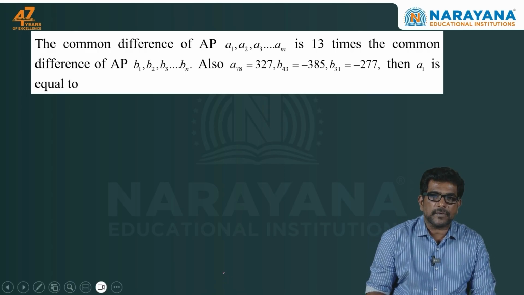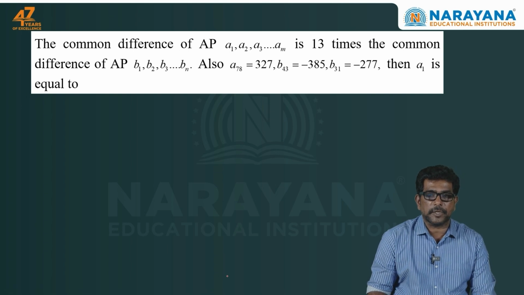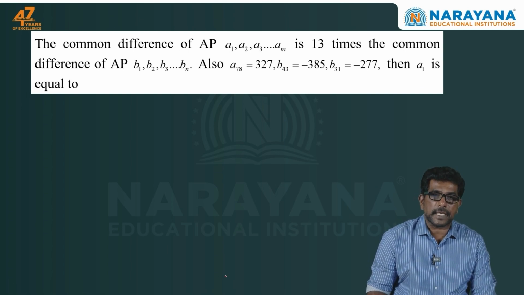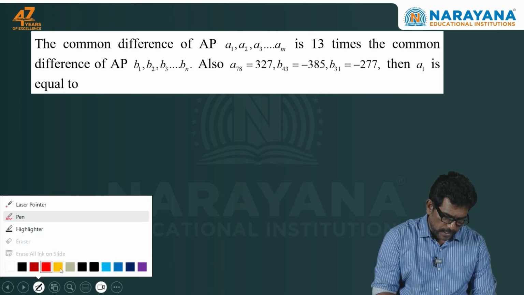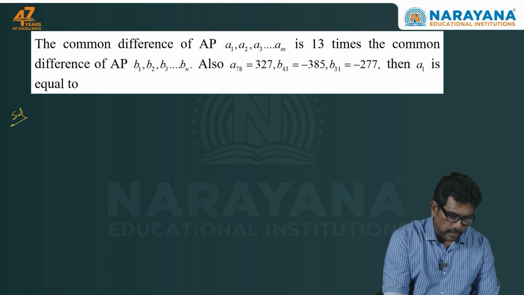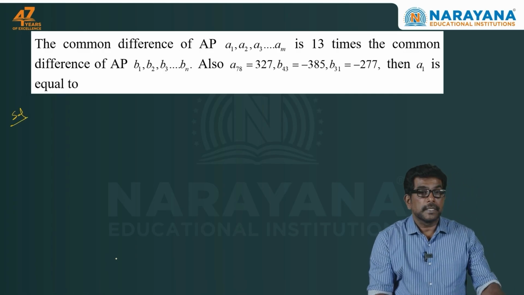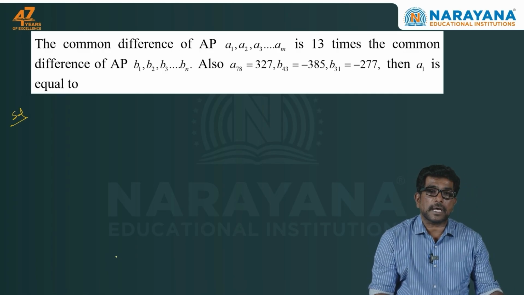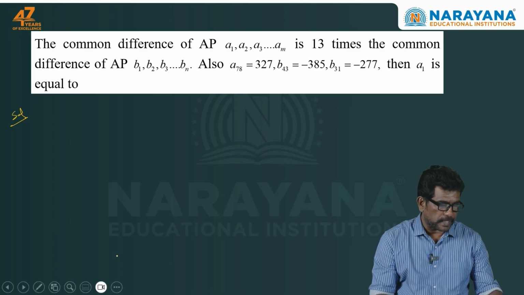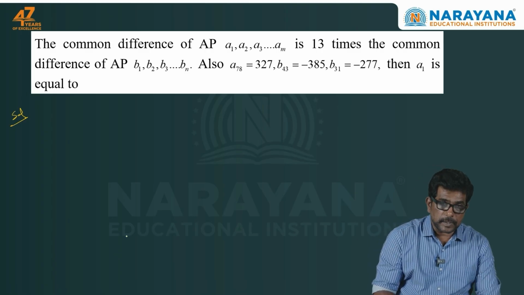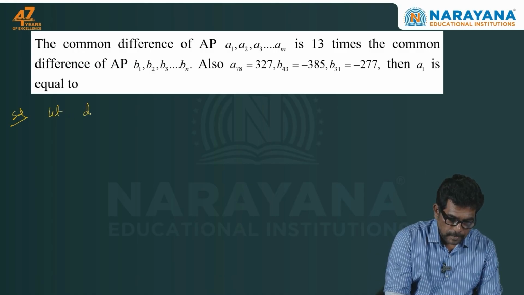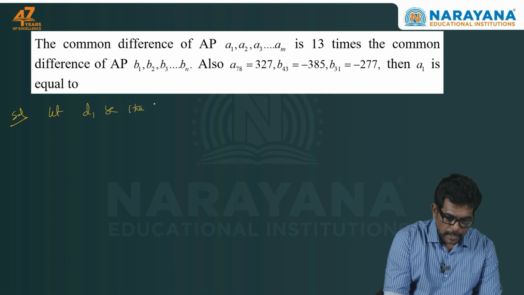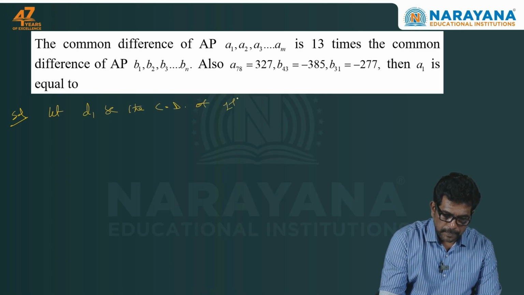Already we discussed one of the problems related to series, that is exponential series, but this is related to the AP. Already we are very familiar with the AP formula. So using the AP formula, one by one we are going to solve here. The first AP is given.